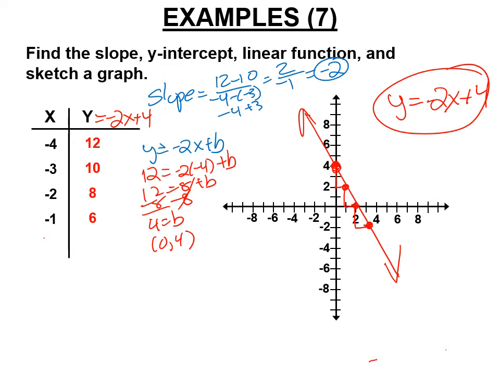When x is 10, y would be negative 2 times 10, negative 20, plus 4, which is negative 16. So 10 should go down here with some sort of negative 16 on this line, right? There's an infinite amount of points on this line, right? The domain of these that are not horizontal and vertical are all real numbers.